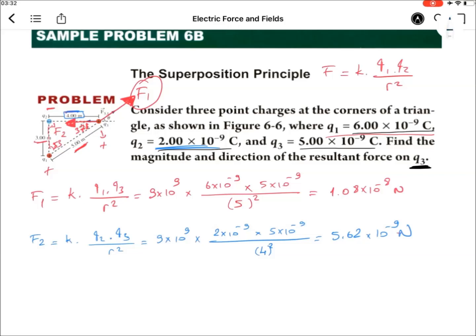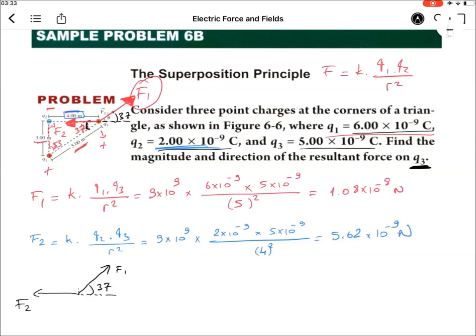And here, if we draw the forces, F1 is this, F2 is this. And if this angle is 37, this angle is 37 too. So here we have an angle which is 37.